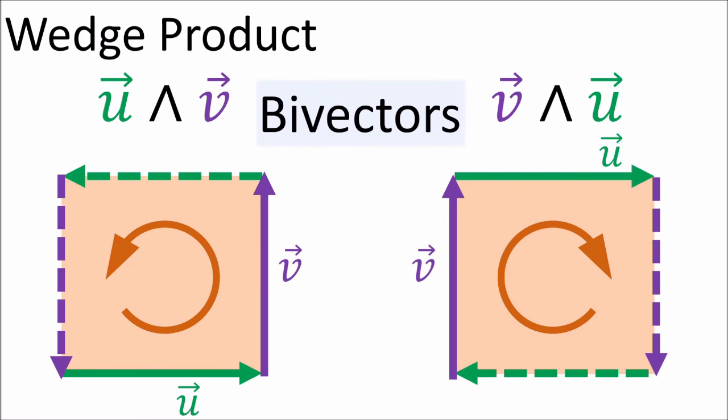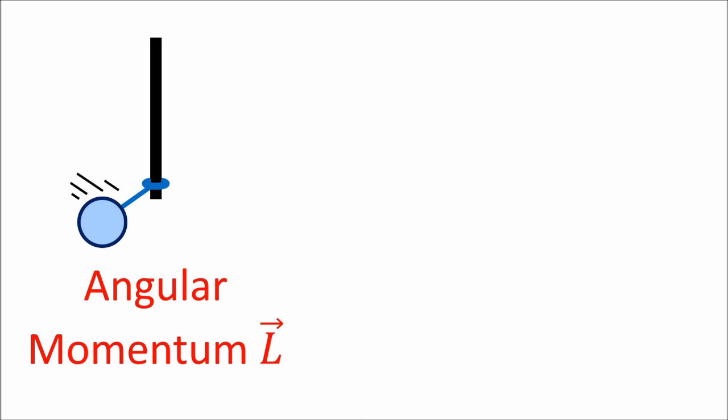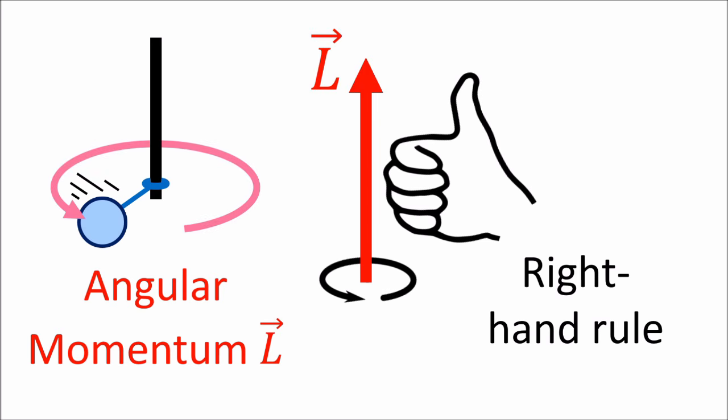These bivectors are a useful way for representing rotations and angular momentum. In introductory physics classes, angular momentum is usually represented using a vector, which you get by using the awkward right-hand rule, where you curl the fingers of your right hand in the direction of the rotation and stick your thumb out in the direction of the angular momentum vector.